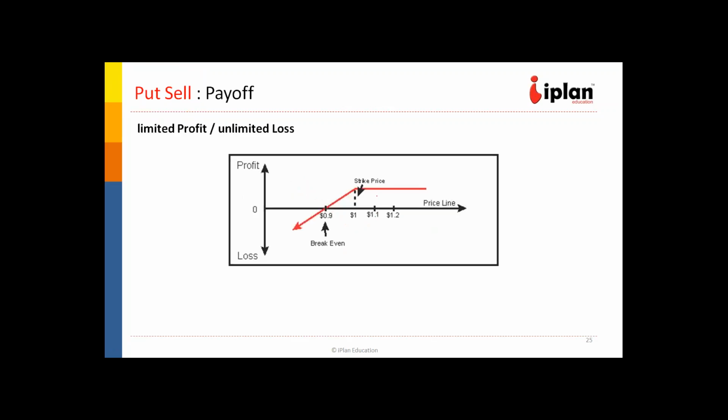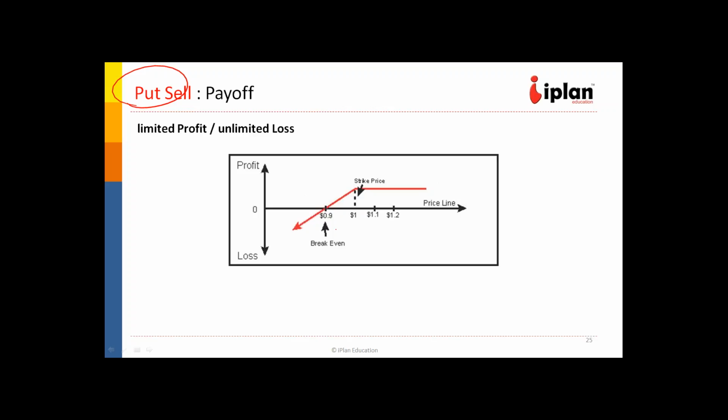Whereas for the put seller, because he is bullish, price goes up, increases 1.1, 1.2, 1.3. So what will happen is, one is his strike price. If price reduces, he will have a break even at 0.9, but below that it's his loss. And if price increases 1.1, 1.2, 1.3, 1.4, 1.5, whatever, he'll have a profit. But how much? The premium he received, because the buyer will not sell.